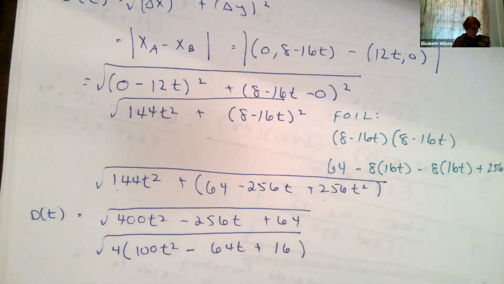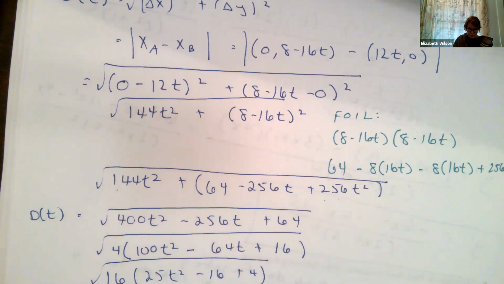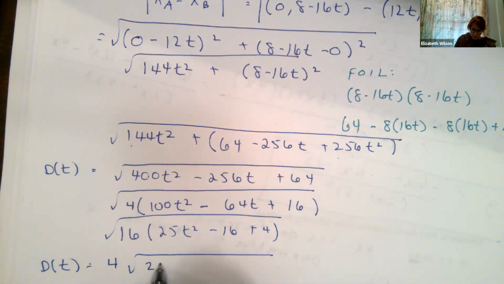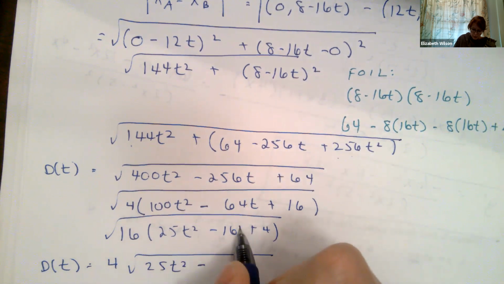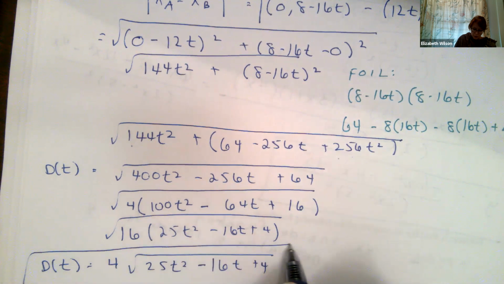I'm sorry, I can factor out a 16 out of all of this, which I can factor out another 4. So if I factor out another 4, here I'm going to get 25t squared minus 16t plus 4. So my distance is 4 radical 25t squared minus 16t plus 4. There's our distance as a function of time.